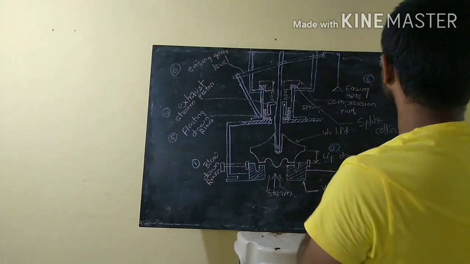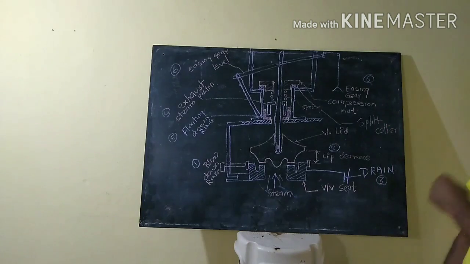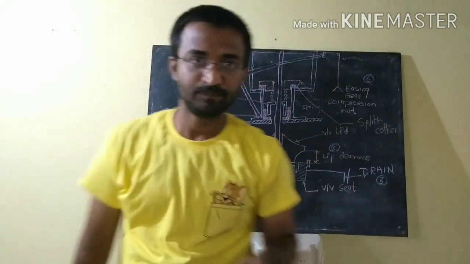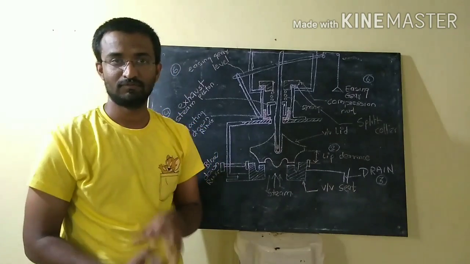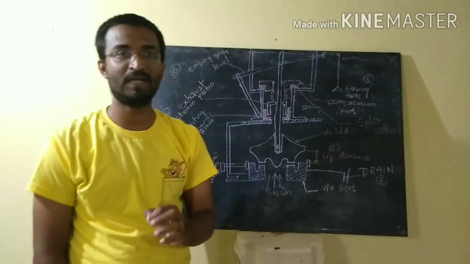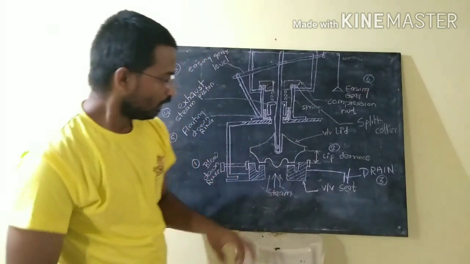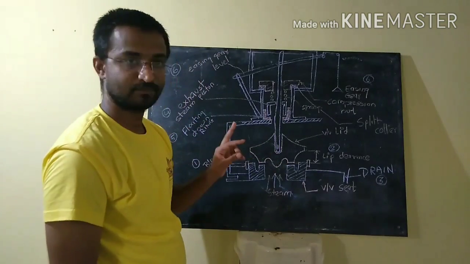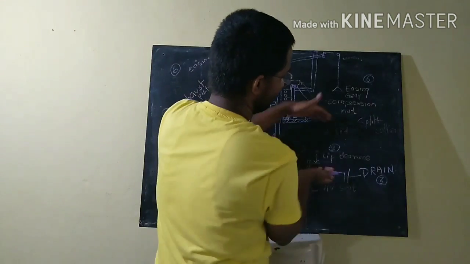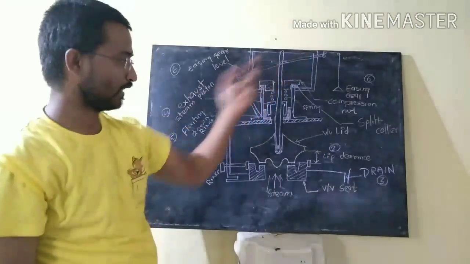Now third is the drain. There is a regulation regarding the drain, that the diameter of the drain should be at least 20 mm. The purpose of the drain: imagine there is a pipe going outside.